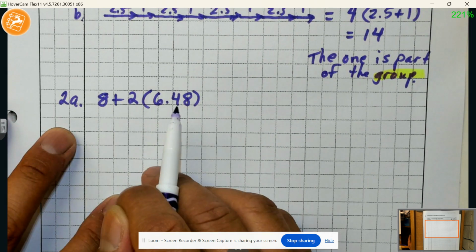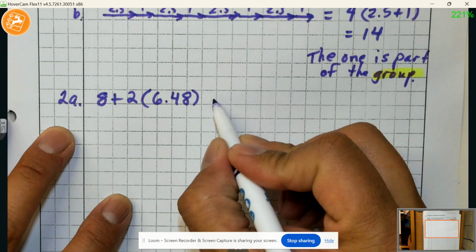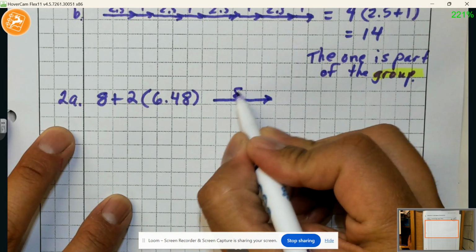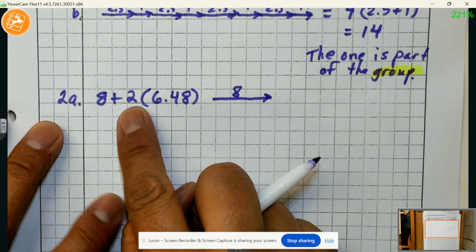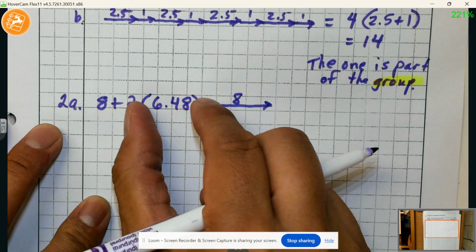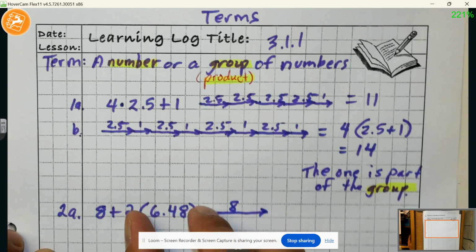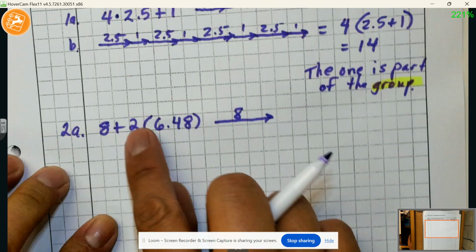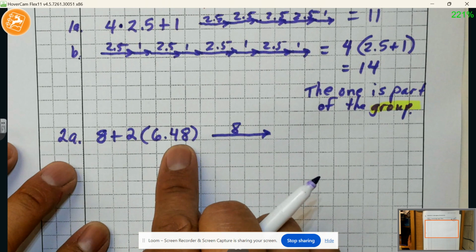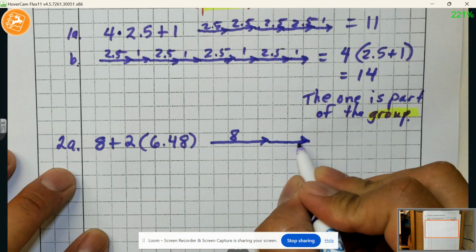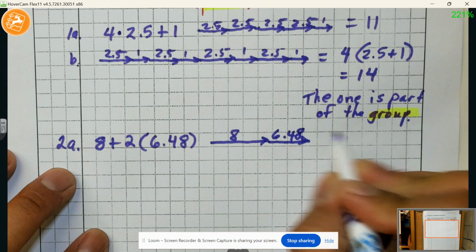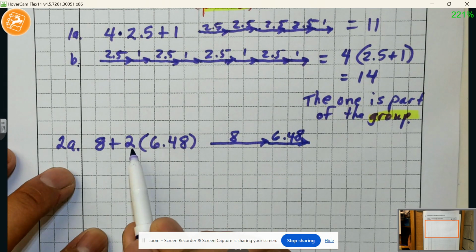Our first step is going to be 8. Our next step, not a 2, because this is a product. 2 times this, right? This is a group. So we now have 2 groups of 6.48. So our next step is going to be 6.48. 2 groups.